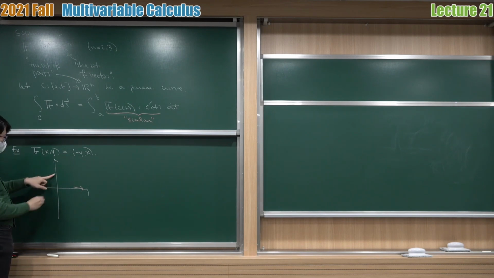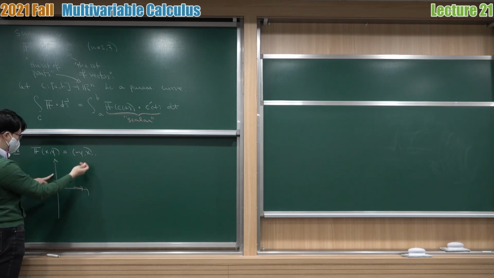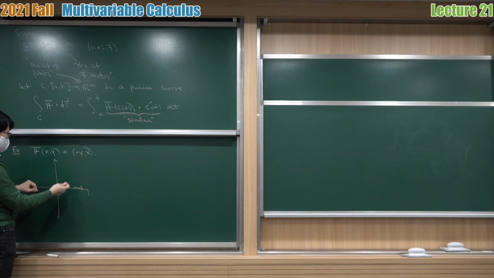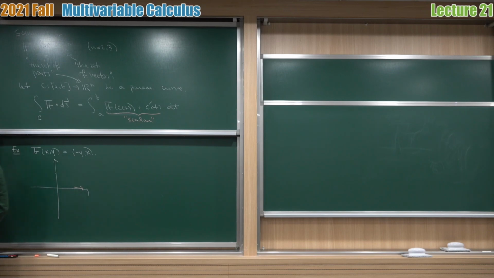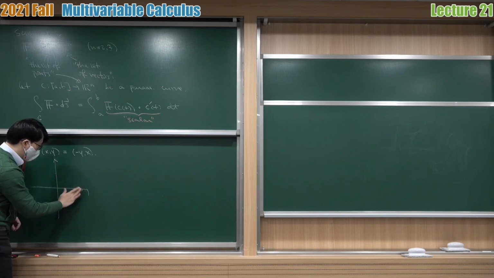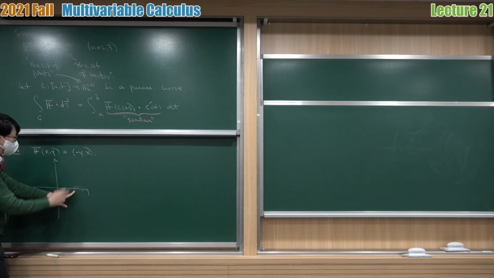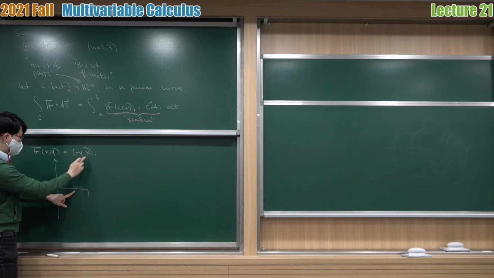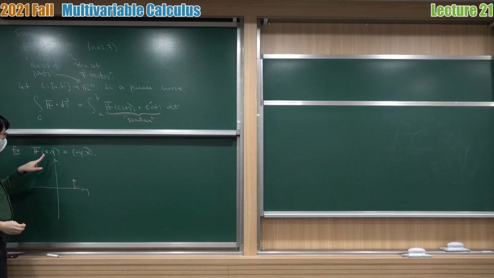So if I add (0, 1), then I'm moving minus 1, x. Right, so I think I made a mistake here. If I add (1, 0), then it's (0, 1), so I'm moving upward here. And if I add (0, 1), then it's (-1, 0), so basically this.